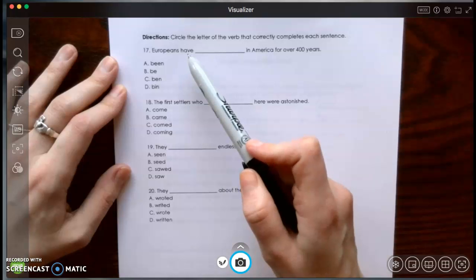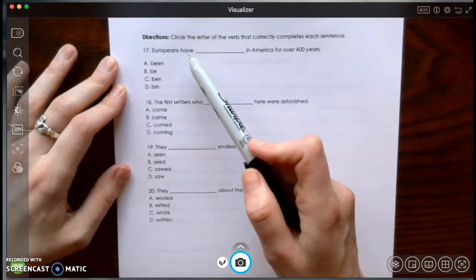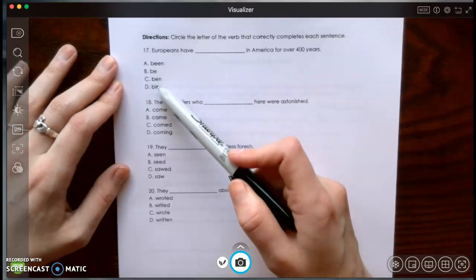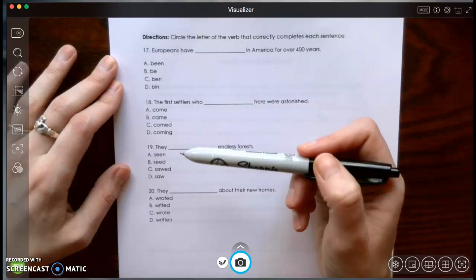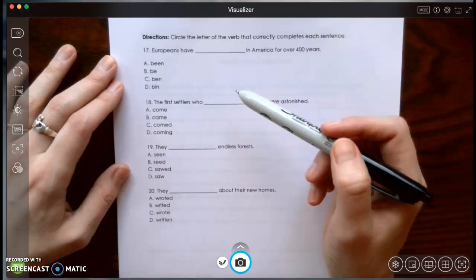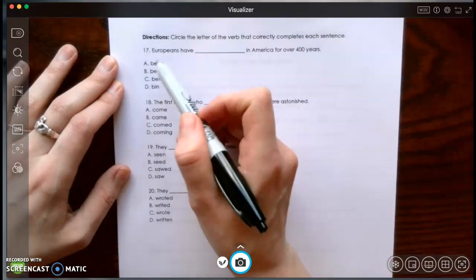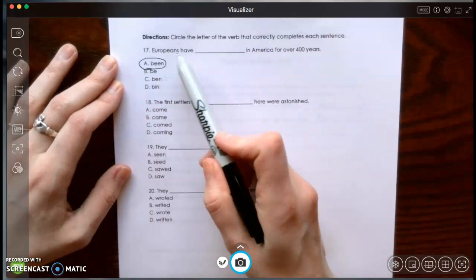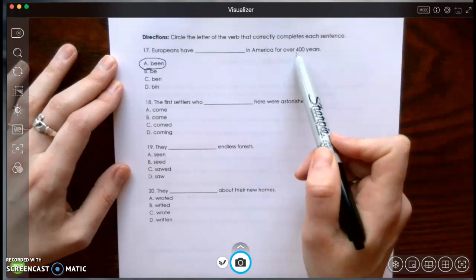So we know we need the past participle form, not just the simple past tense form here. So out of these 4 options, the only one that gives a correct past participle form of the verb be is A, been. So it should be, Europeans have been in America for over 400 years.